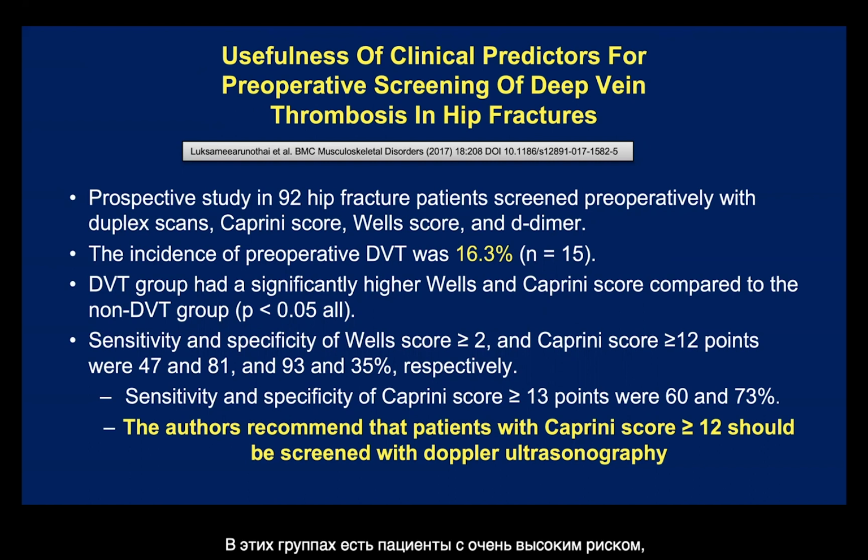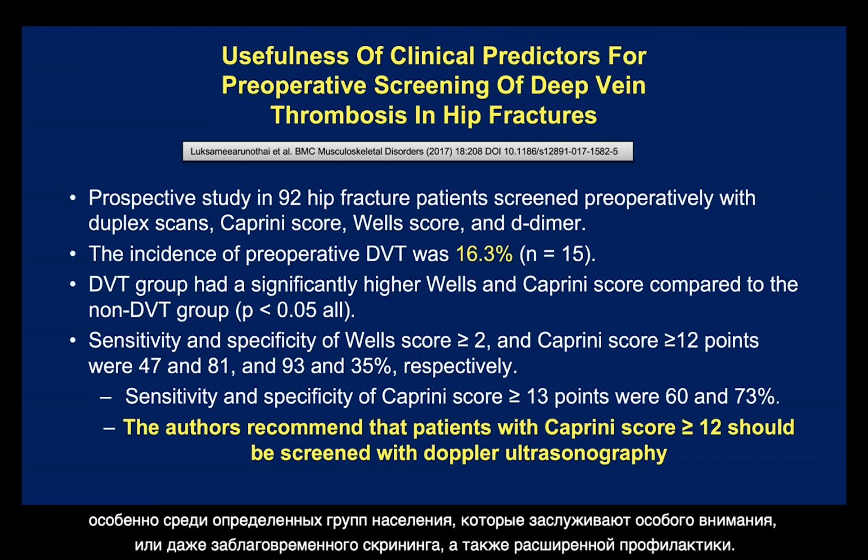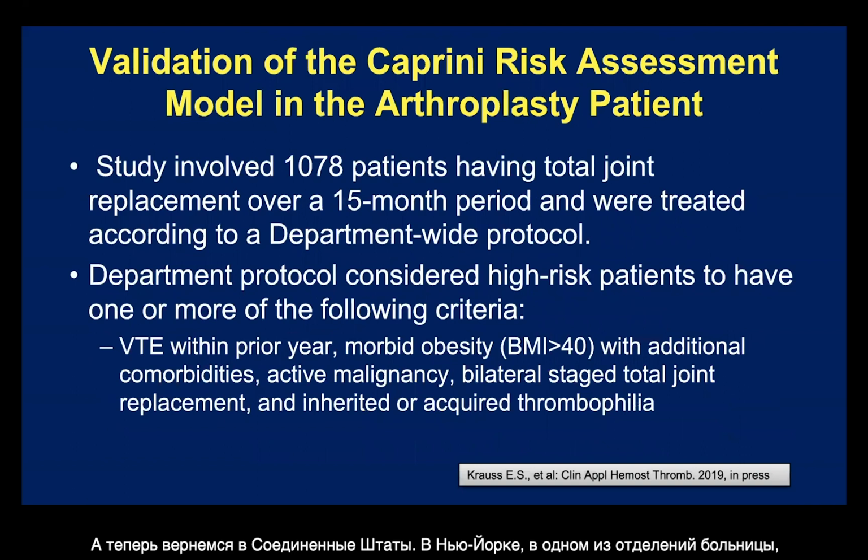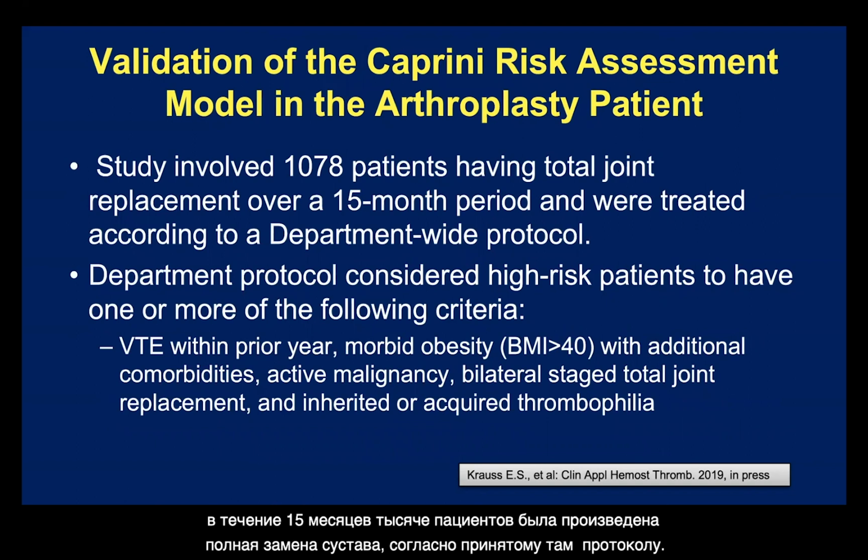And when the patients are in these very high risk groups, especially in certain populations, they deserve special consideration, maybe screening ahead of time, but also extended prophylaxis. Now let's come back to New York in the United States, 1,000 patients having total joint replacements over a 15-month period, all in a department-wide protocol.